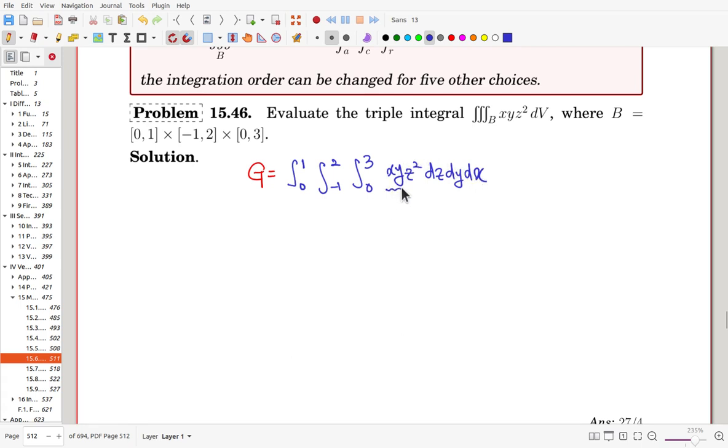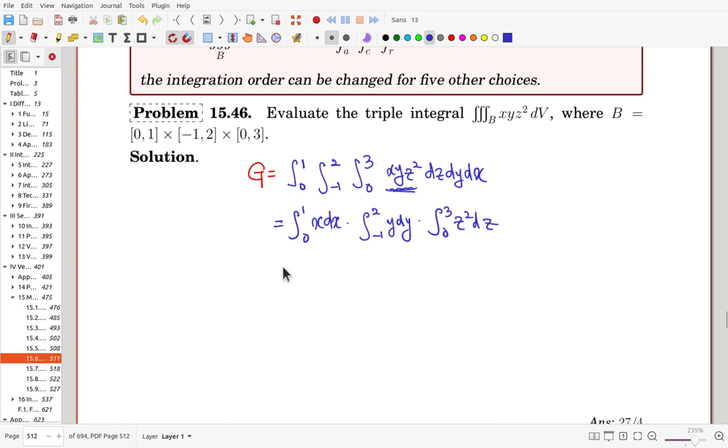Now, this integrand is separable so that we can integrate separately along the x component, the y component, and the z component. Exactly the same as for double integrals. Okay, from 0 to 1, x dx times the integral from minus 1 to 2, this is y direction, so y dy, times the integral from 0 to 3 of z squared dz, right?